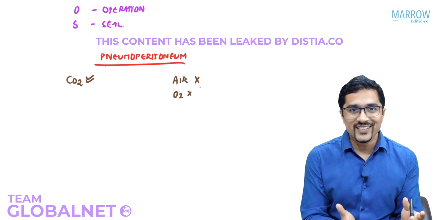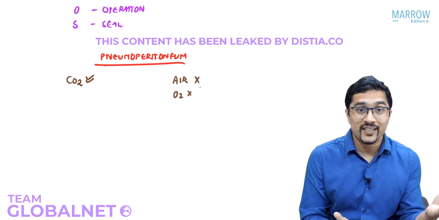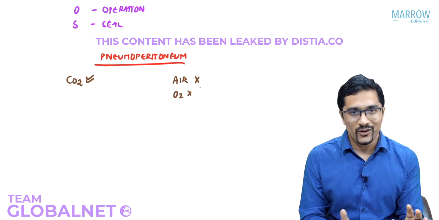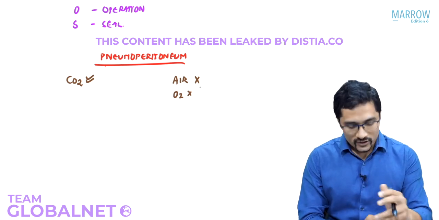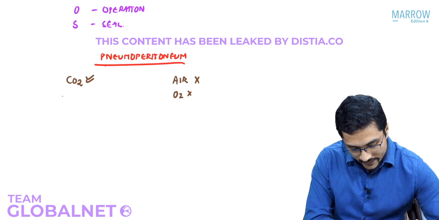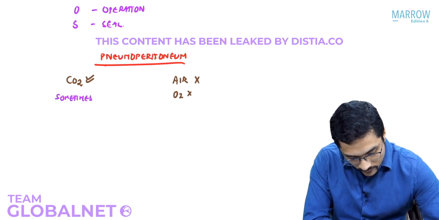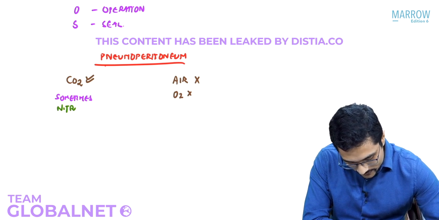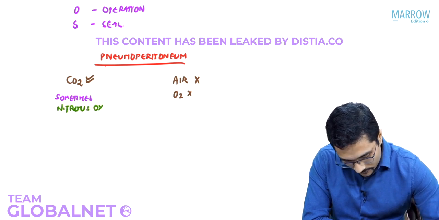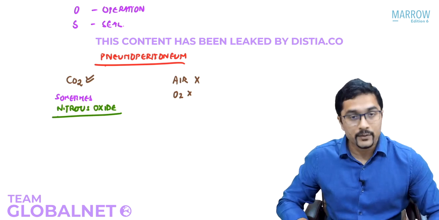And in addition to the surgery, you'll end up with a tandoori liver and a tandoori gallbladder, which you don't want. Right? So no air or oxygen. We use carbon dioxide. Sometimes nitrous oxide has been used, but for all practical purposes, it is carbon dioxide which is used.